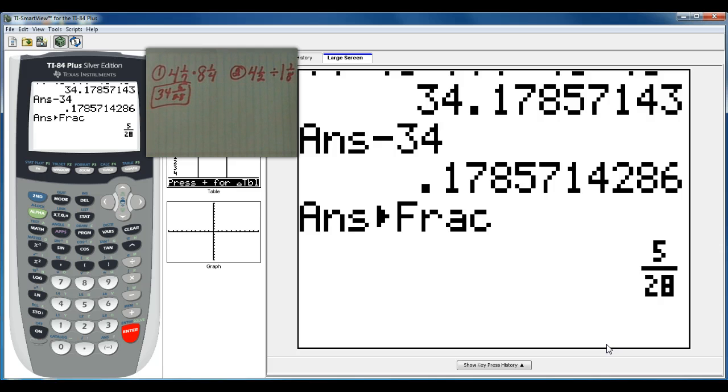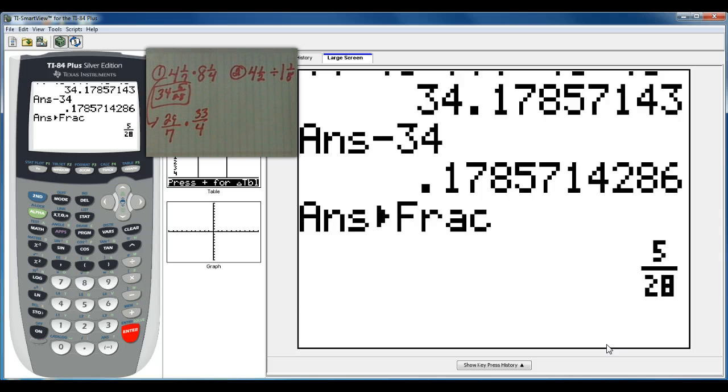Another way to do it is actually to change your mixed number into an improper fraction and then put those into the calculator if you don't have the upgrade. So for example, I would take my 4 1/7 and change that into an improper fraction. 4 times 7 is 28, plus 1 is 29, so I get 29/7, times 8 times 4 is 32, plus 1 is 33, 33/4.